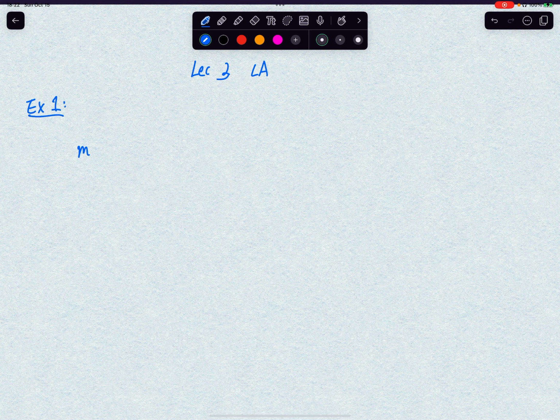So this is alpha 1 plus beta 1, and all the way down to alpha m plus beta m.